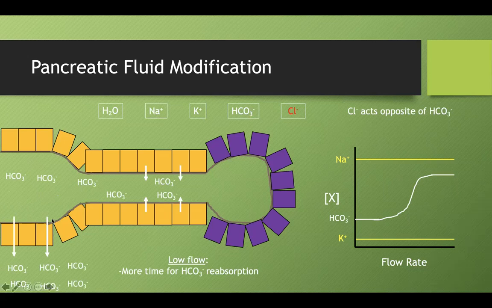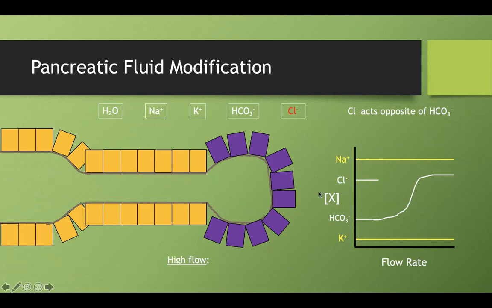Well, for every single bicarb that gets out and reabsorbed, you actually have a chloride antiporter that brings chloride into this lumen. So keep in mind, this was at low flow rates where a lot of bicarb can escape and get reabsorbed. You can see that because of that, we actually pumped a lot of chloride back inside this lumen. So at low flow rates, we're going to have very high concentrations of chloride.